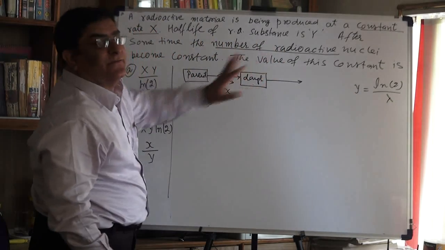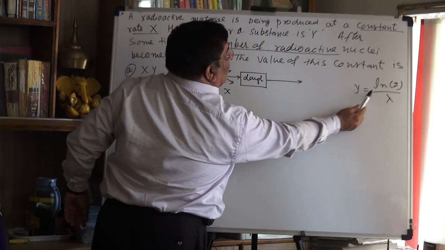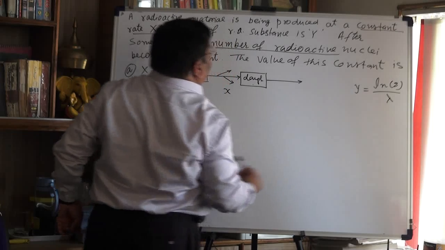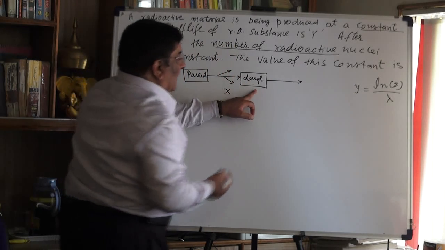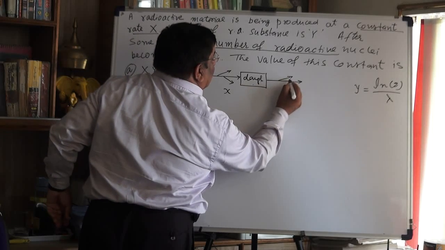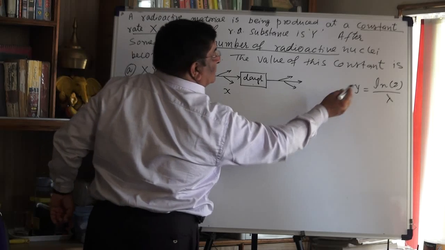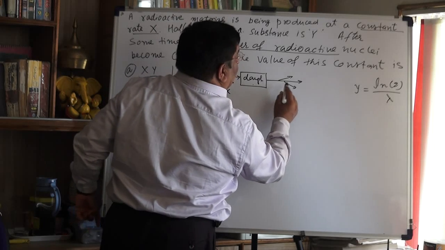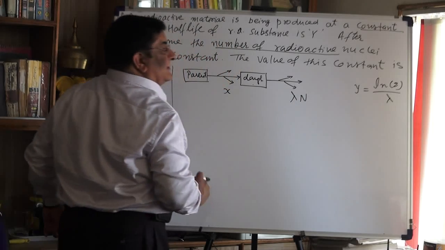Here the given half-life is y, so y is equal to log 2 upon lambda. From here there is further disintegration and the rate of this disintegration is lambda.